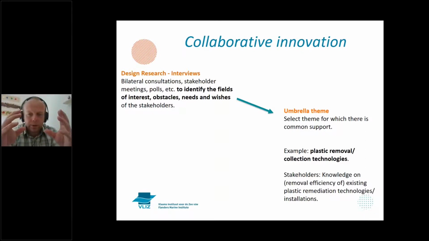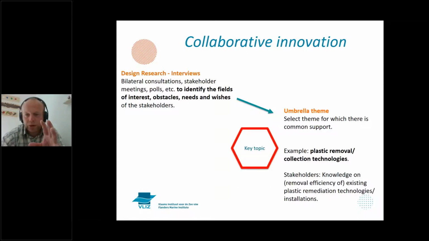And one of these teams that we recently tackled was on plastic removal and collection technologies, because there were quite some companies inside VLIZ that had questions about which removal technologies that are currently commercially available are most relevant for their conditions. That's one of the cases we worked on.